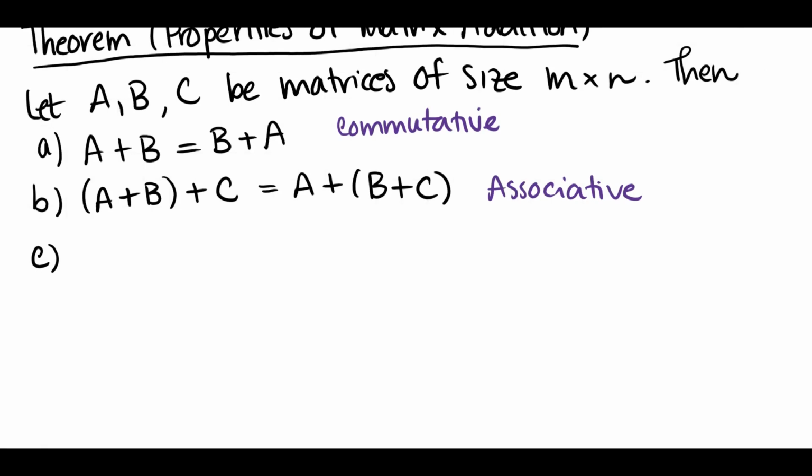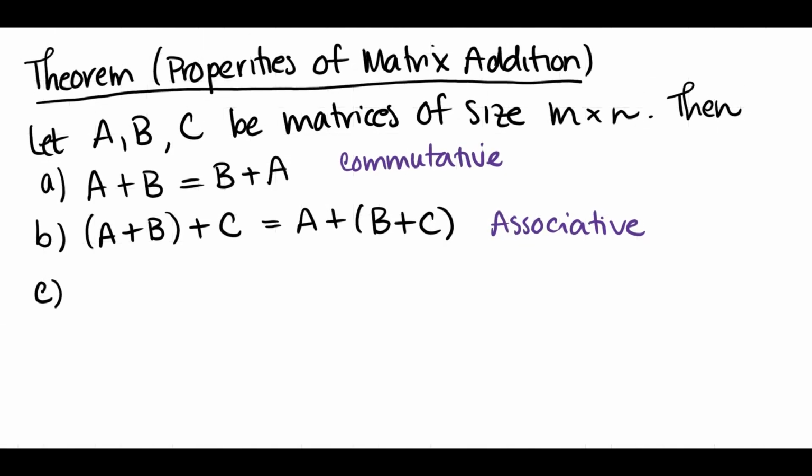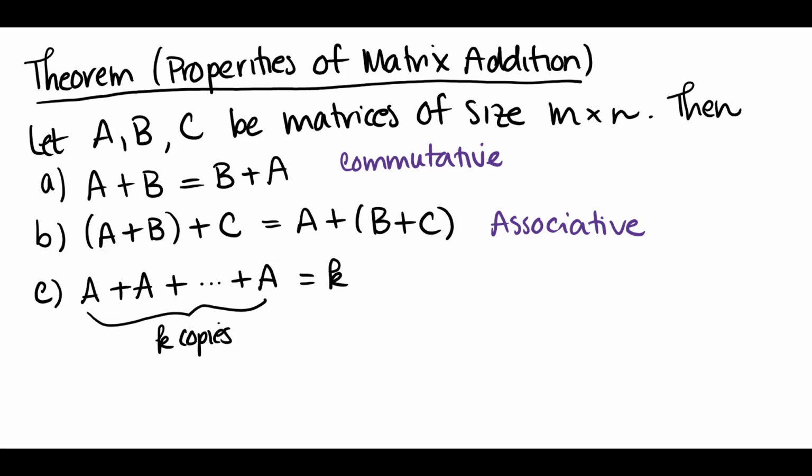And then the other thing that is true is that A plus dot dot dot plus A, so if we have K of these, then this is going to be K times the matrix A. We'll prove a few of these for you, but all of these really result from the definition of matrix addition.